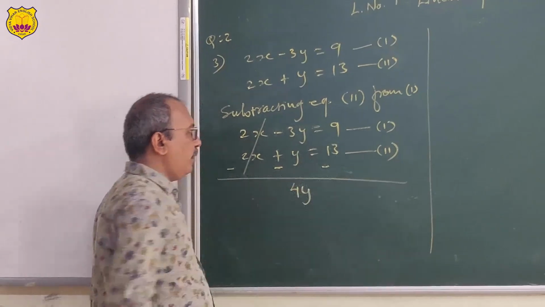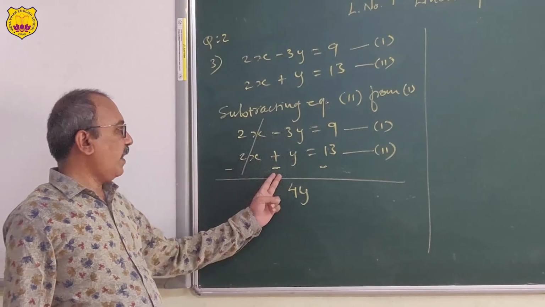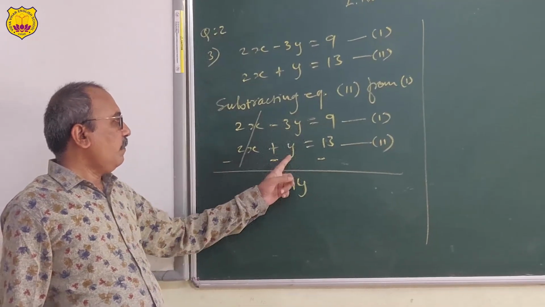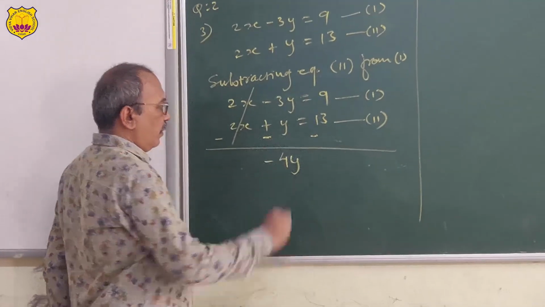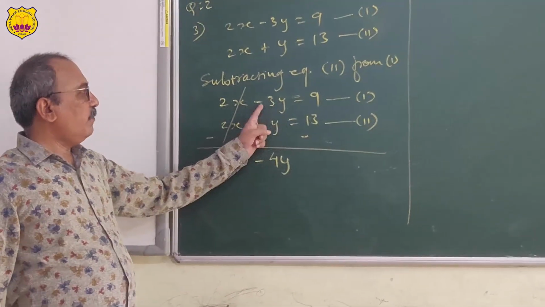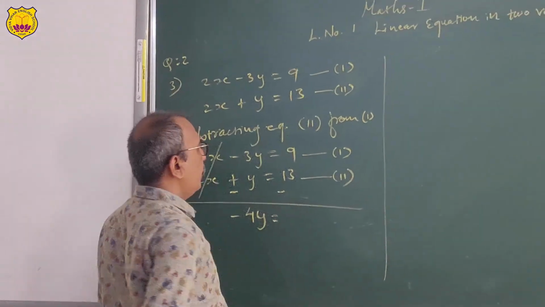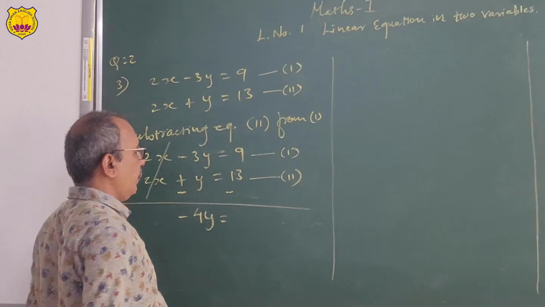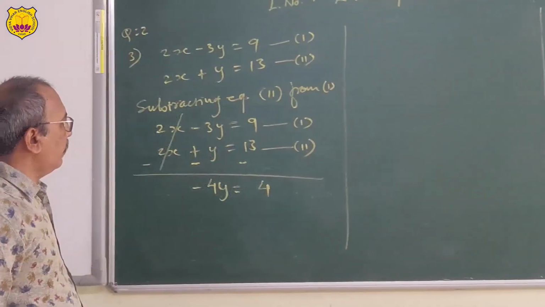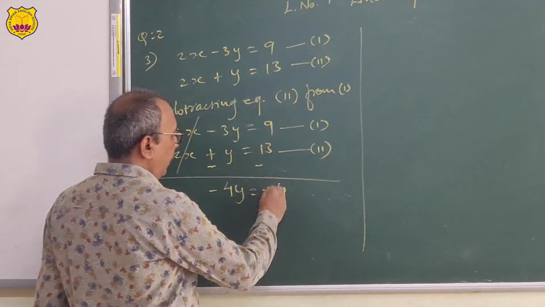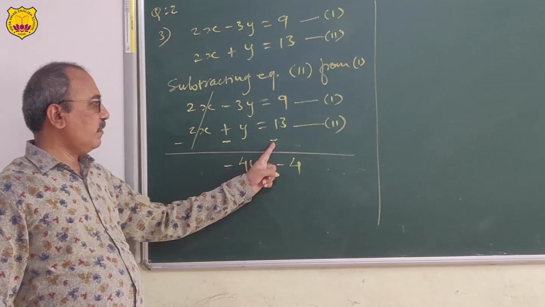Why I have added both the terms? Because both are having same sign, minus minus plus. So 3 plus 1 is 4, 4y, and sign of greater number should be written here. So I am putting sign of 3y, that is negative sign, is equal to, here 9 minus 13 is 4, and the new sign of greater number, that is 13, is negative sign, minus sign.